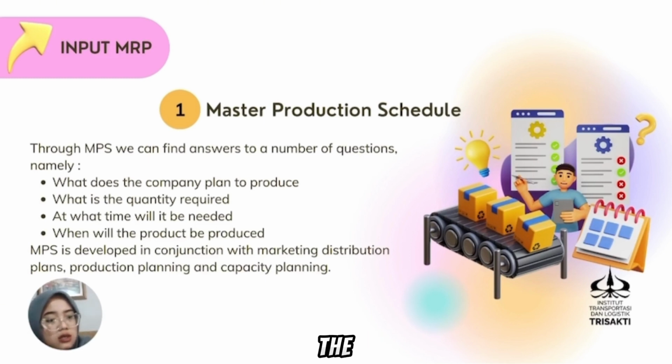What is the quantity required? At what time will it be needed? And when will the product be produced? MPS is developed in conjunction with marketing distribution plans, production planning, and capacity planning.